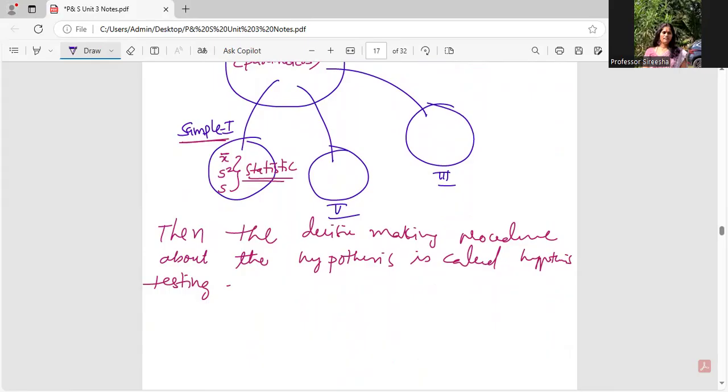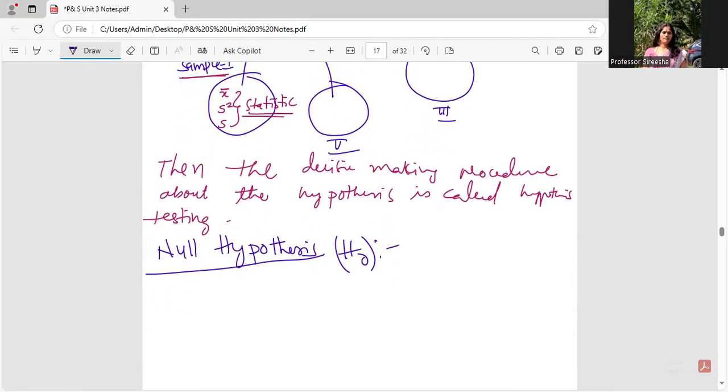There'll be something called the null hypothesis, usually denoted by H naught or H0. Of course, there's one more hypothesis that is called the alternate hypothesis, or H1.